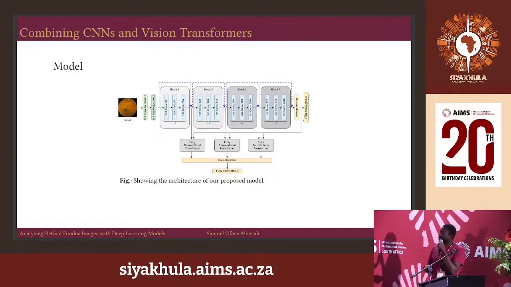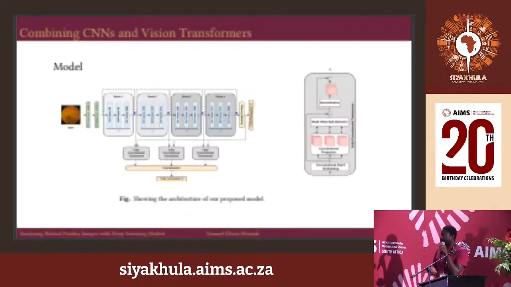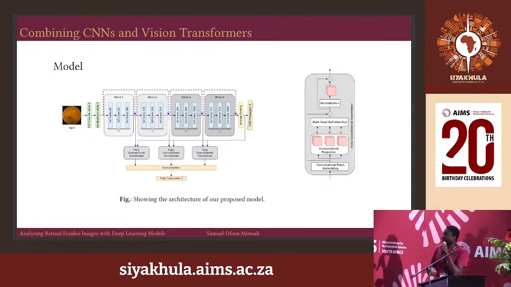So instead of doing the normal ResNet 50 of passing an image through the various blocks to get a classification, we extract the feature maps from each block and concatenate the output from the fully convolutional transformer for prediction. And this is how the fully convolutional transformer looks.